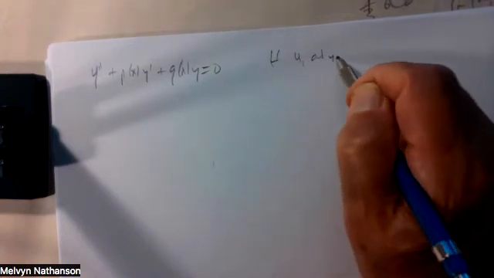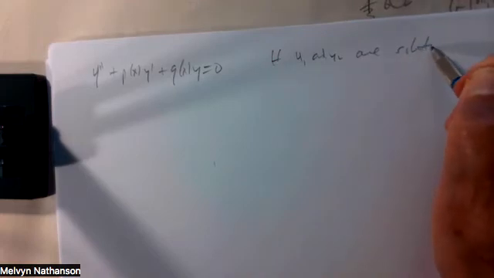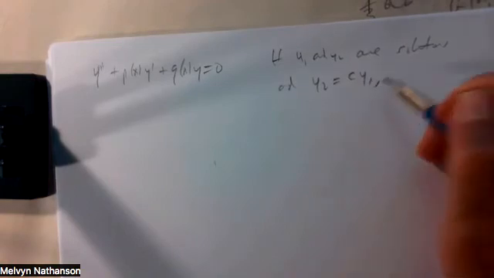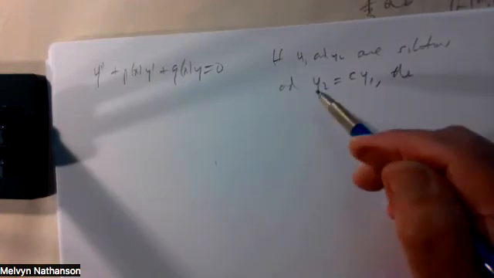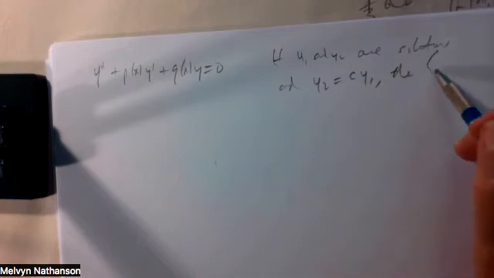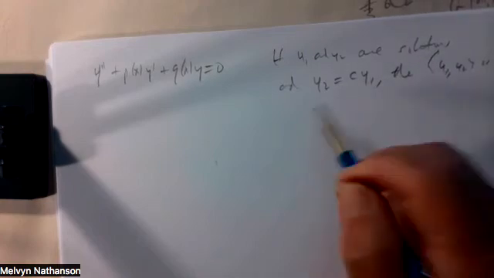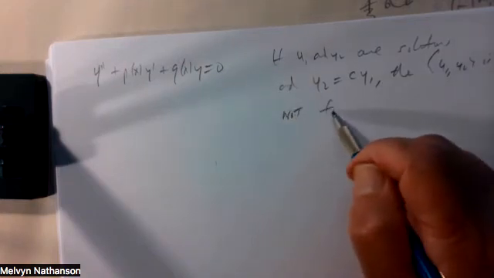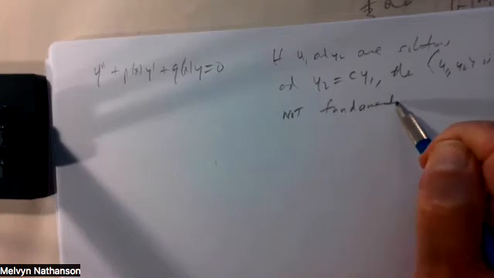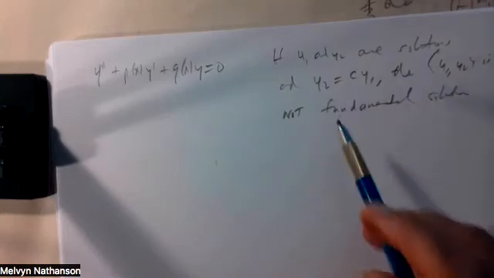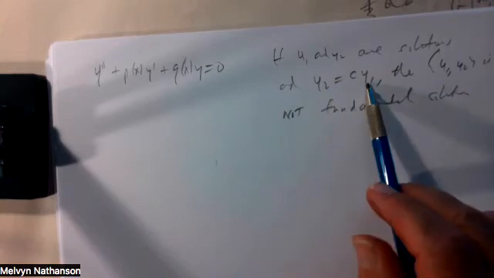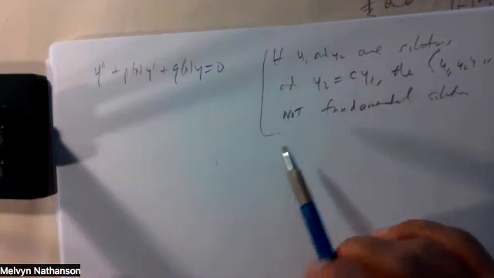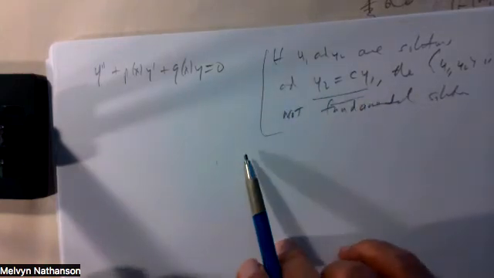If y1 and y2 are solutions, and y2 is actually some constant times y1, then y1, y2 is generally not a fundamental solution, because every linear combination of y1 and y2 would really just be a multiple of y1. So this is sort of the bad situation.